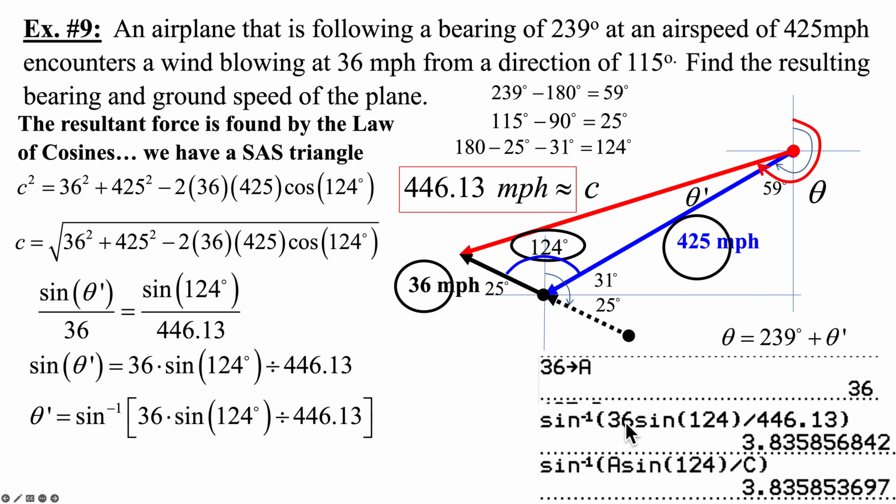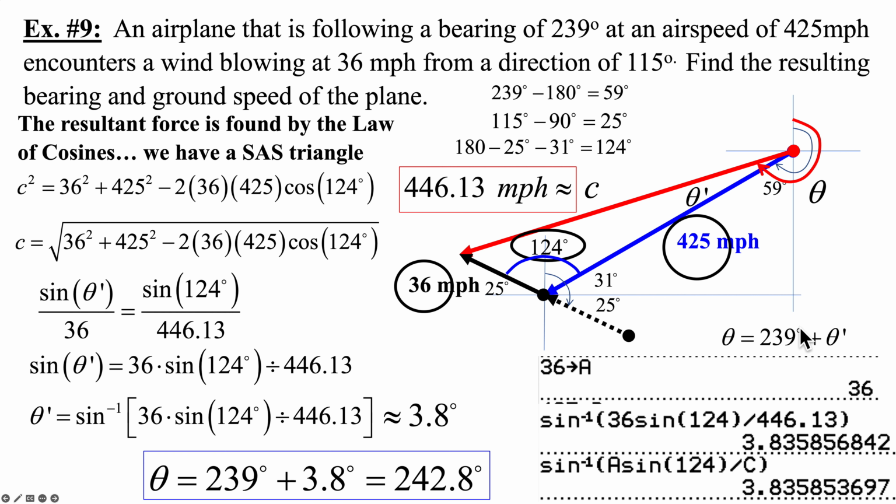Again, I use the numbers and I use the stored variables just to show you the difference here. This one's a little bit better in terms of quality because we don't get a difference until after 5 decimal points. So theta prime, we'll just call it approximately 3.8 degrees. Like we said, we'll add it to 239. So my new bearing for my plane with the wind in effect is 242.8 degrees.